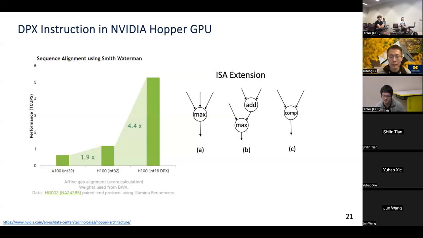And the cloud could be a target scenario for downstream analysis. For example, when we acquire the sequencing result, there could be downstream analysis for different genes or different disease diagnoses and so on.